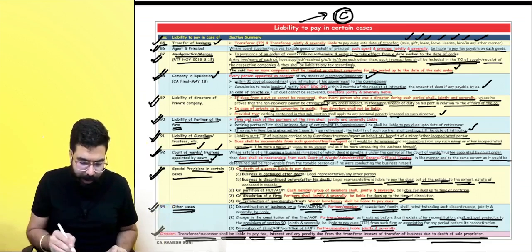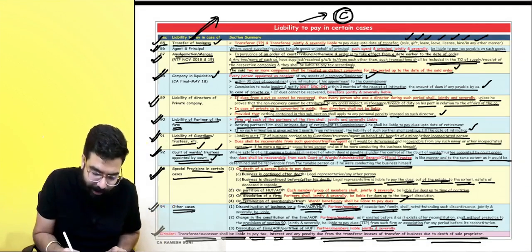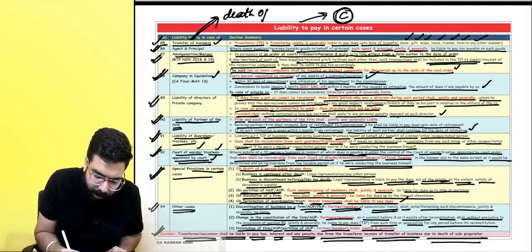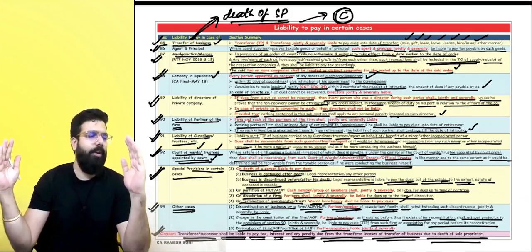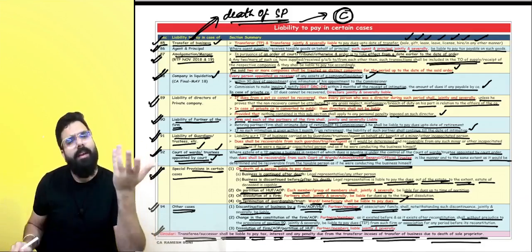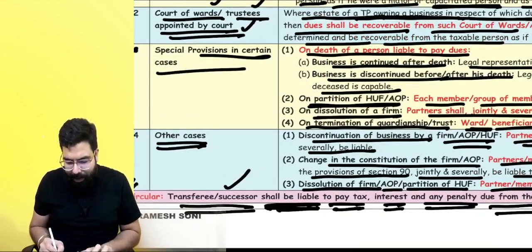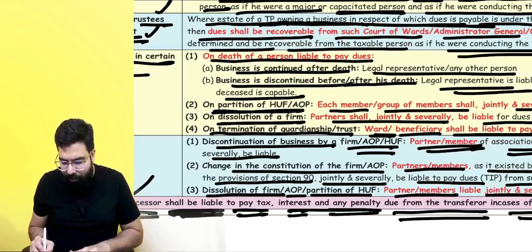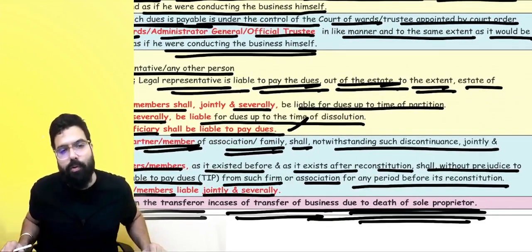Transfer of business includes transfer as a result of death of the sole proprietor also. So if a sole proprietor dies and the business is taken over by the son as transferee, the transferee or successor shall be liable to pay the tax, interest, penalty due from such transferor in case of transfer of business due to the death of the sole proprietor.